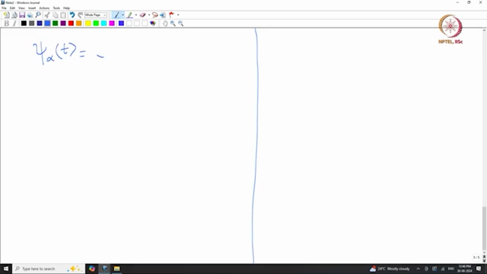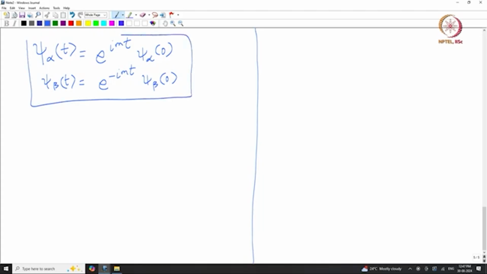As a function of time, this is just e^(imt) with whatever the initial condition is, and the other one is e^(-imt), because that equation had a minus on one of the sides. Okay, that is the solution.